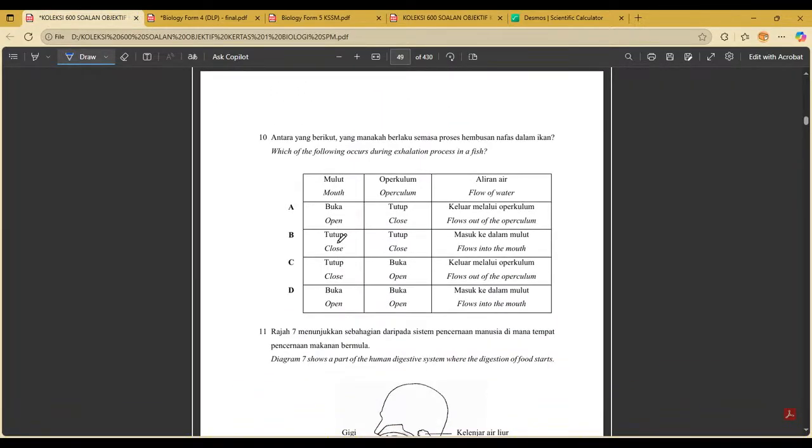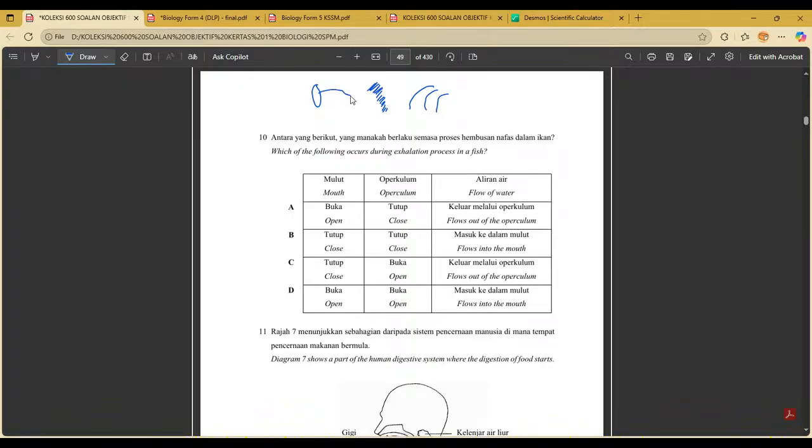Question 10. Which of the following occurs during exhalation process in a fish? In a fish, here's the mouth, here's the lamella filament thingies, and here's the gills.